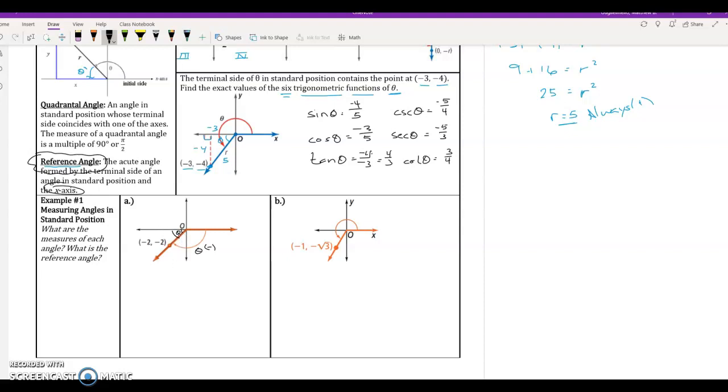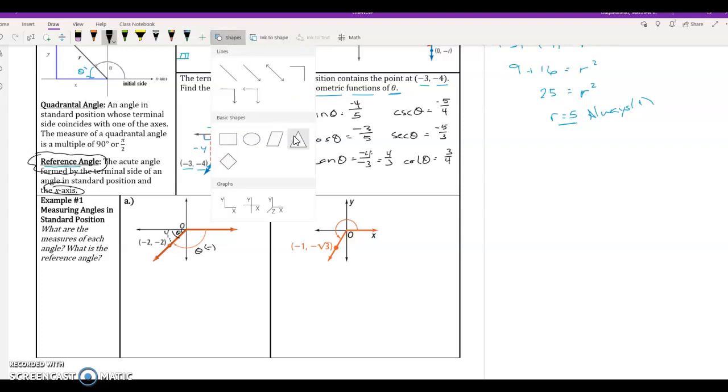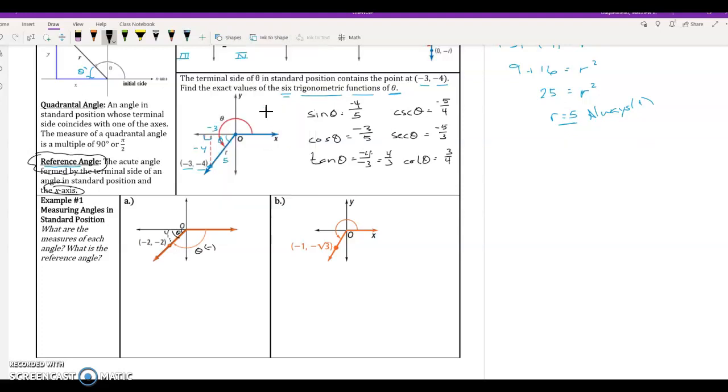Okay. So for theta prime, I can see that I need at least one point. I can use that point to draw the reference triangle back to the x-axis. So make sure you don't draw it this way to the y, always to the x-axis. And so I'm just going to draw this a little bit bigger, so we can see.